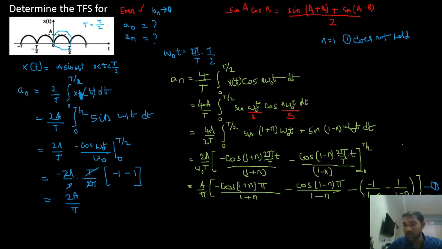When n is equal to 1, what happens to equation 1 here? 1 minus 1 in the denominator. That means you're dividing by 0, it is undefined, right? So when n is equal to 1, we will find the value of a1 separately. a1, what happens to a1?